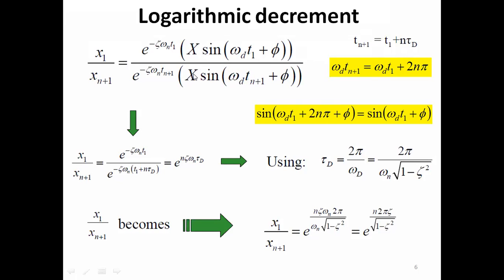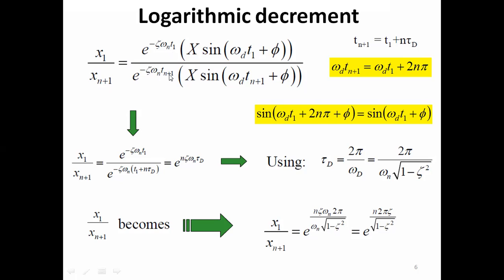Sine omega d t1 plus phi would cancel out with sine omega d tn plus 1 plus phi. So at the end we would have x1 by xn plus 1 is equal to exponential minus zeta omega n t1 over exponential minus zeta omega n tn plus 1.